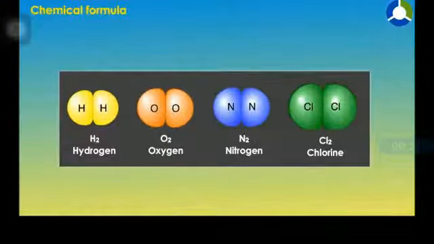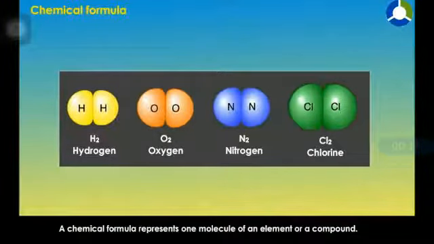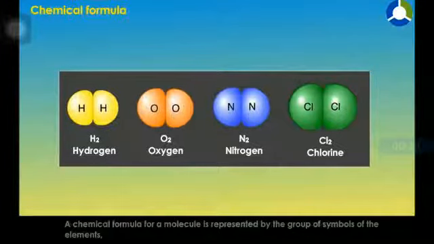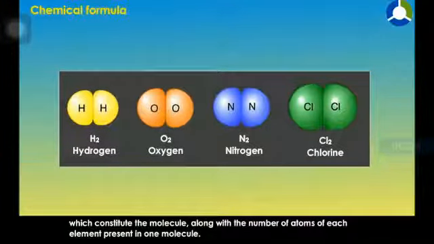Chemical formula. A chemical formula represents one molecule of an element or a compound. A chemical formula for a molecule is represented by the group of symbols of the elements which constitute the molecule along with the number of atoms of each element present in one molecule.